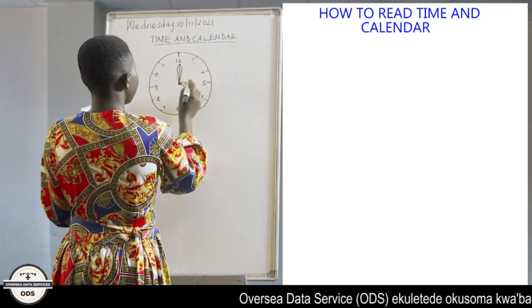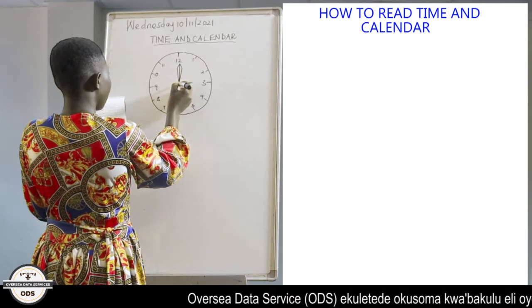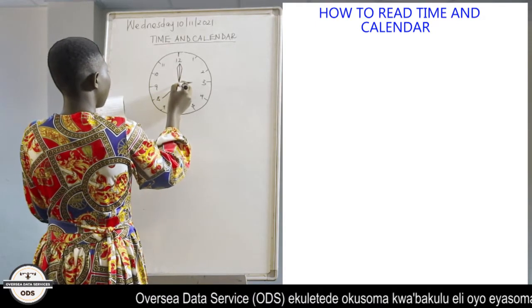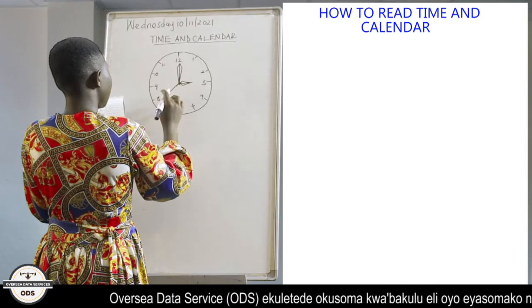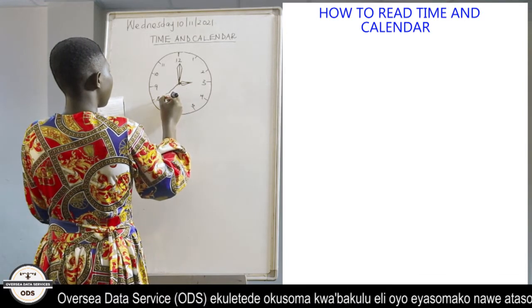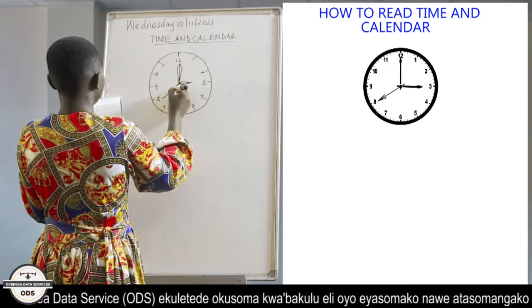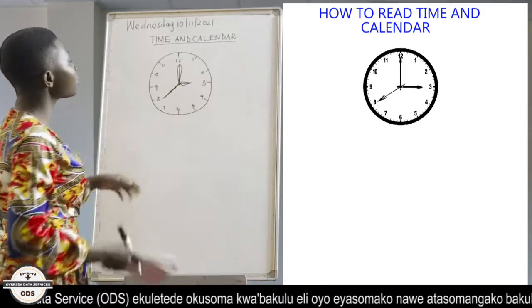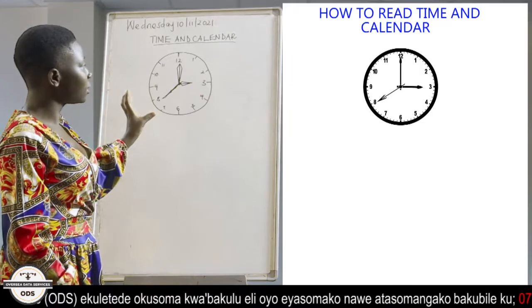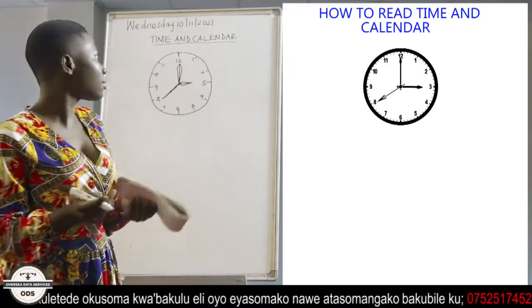Have these hands. These ones we call them hands. And we have this one, a little bit tiny. Yeah, this is our clock face or a watch, and in a watch we have 3 hands.